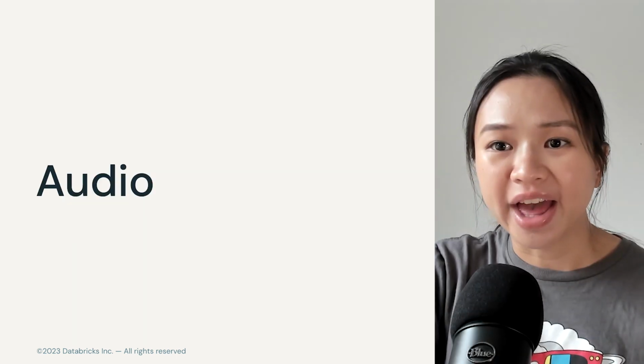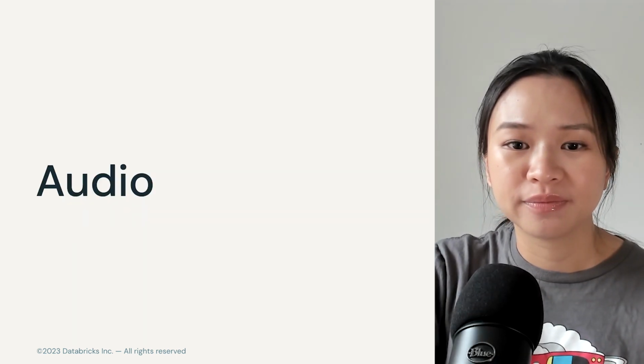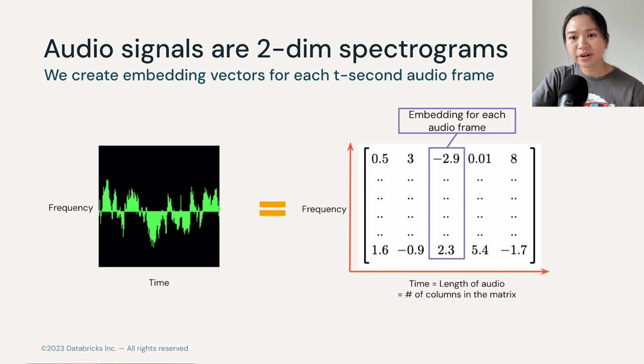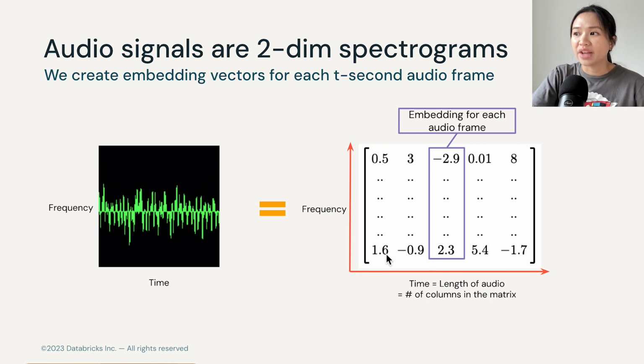Now let's take a look at audio. Audio can be represented as a function of frequency and time. The same idea applies to audio as well, where we can create embedding vectors for each fixed length of audio frame. So you can see that as I go from left to right, this tells me the length of the audio, and then each column will represent the length of each audio frame.